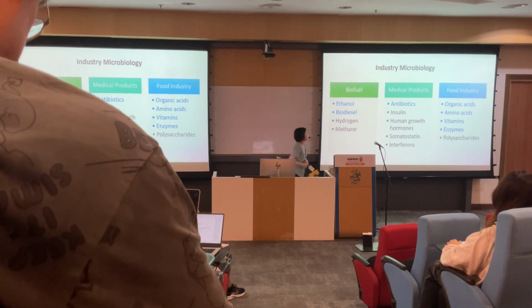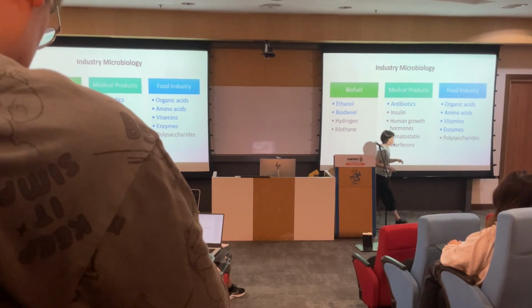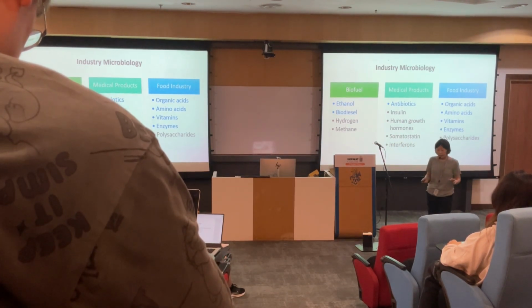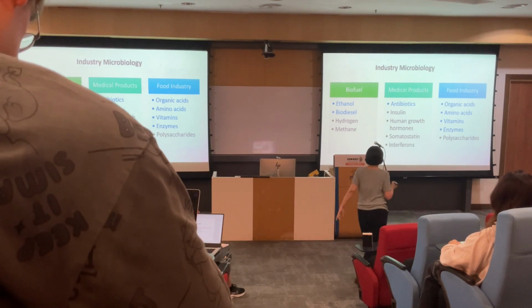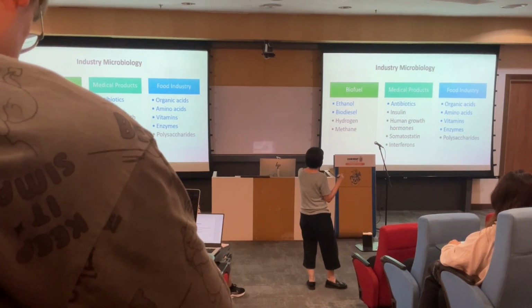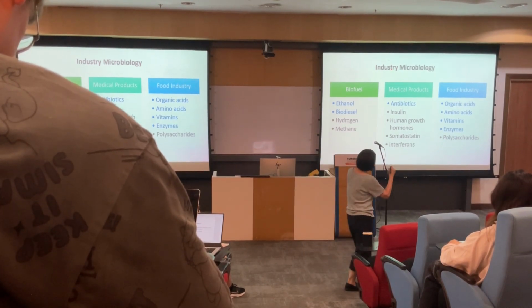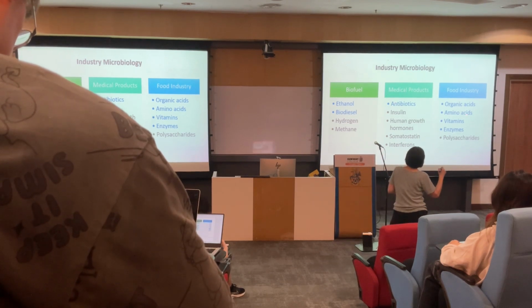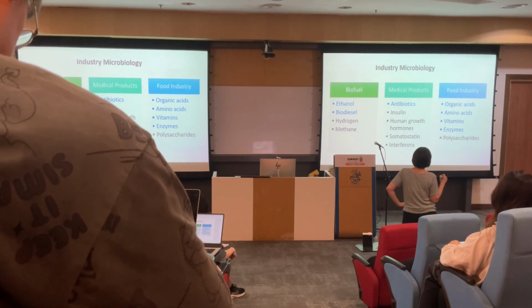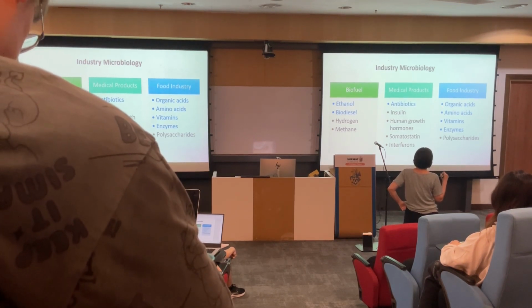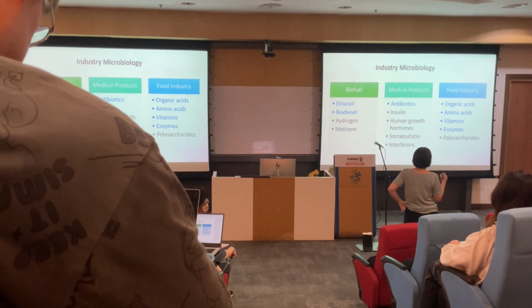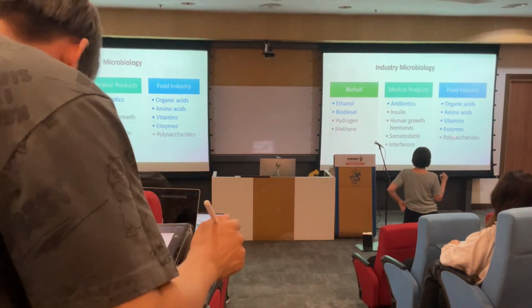Now, in the industry of microbiology, when you try to manufacture different types of products, those are the 3 main categories that utilize microbes. We have the food industry, we already talked about it a lot, but today we're going to include a few more, which are those highlighted in blue.